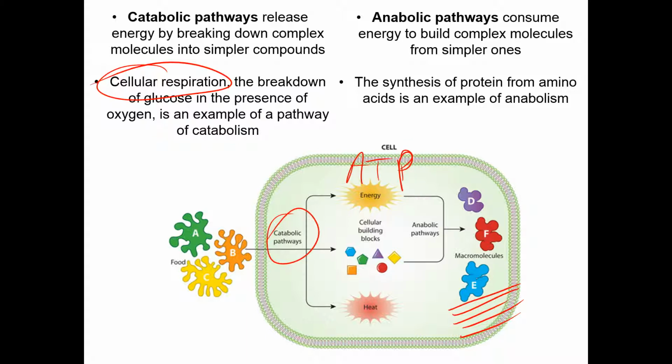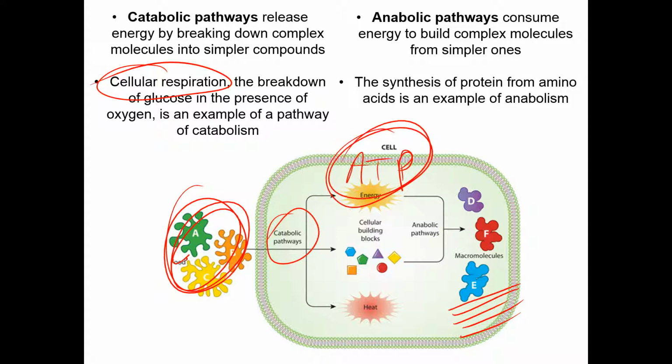You're taking the potential chemical energy stored in the food, releasing it by breaking chemical bonds, capturing that energy, and using it to make this high energy intermediate, ATP. The ATP is then used to drive your anabolic reactions, taking basic building blocks like amino acids and making larger macromolecules like polypeptides or proteins.